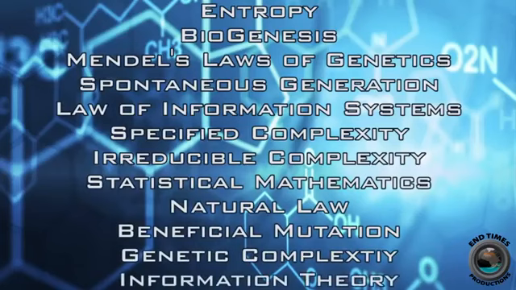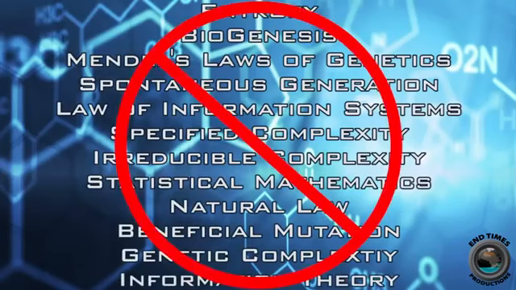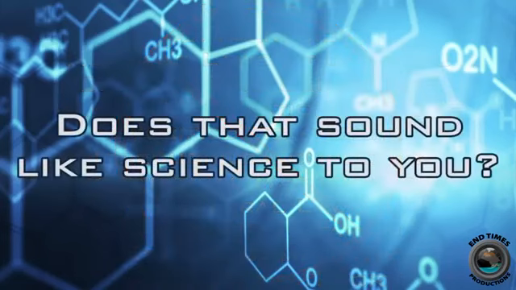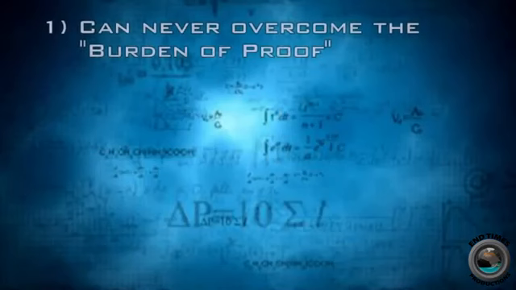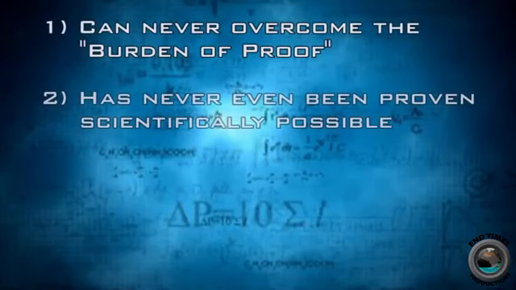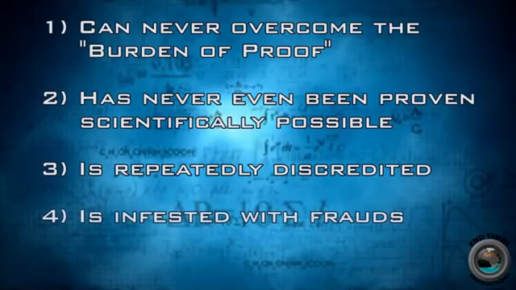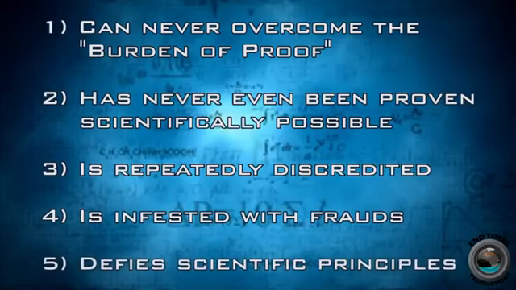Now folks, I must ask, how on earth can evolution be classified or considered a scientific fact when even at a fundamental level, even if proven possible, it does not prove that it actually happened, has never actually even been proven possible scientifically, has been repeatedly discredited through fossil findings and recent research, hangs the majority of its most significant pieces of evidence on proven hoaxes, and defies numerous well-established scientific principles?